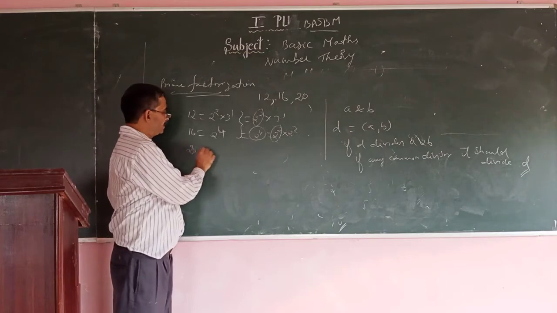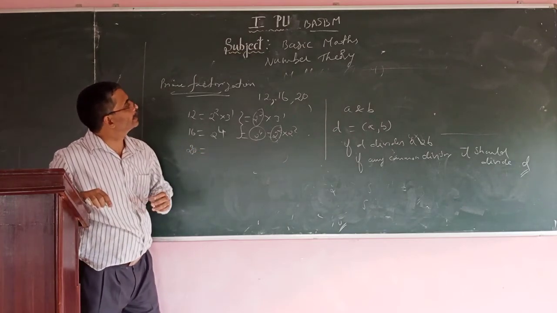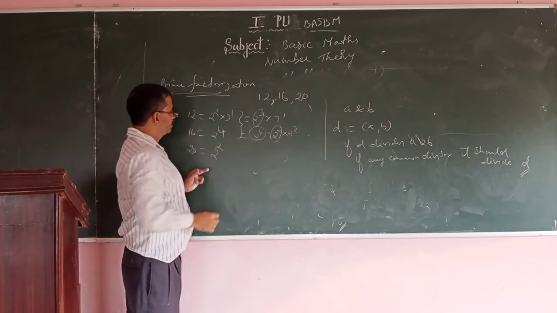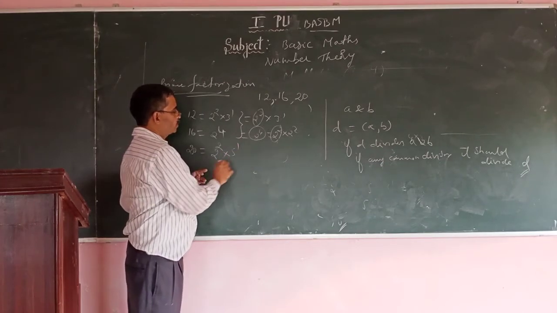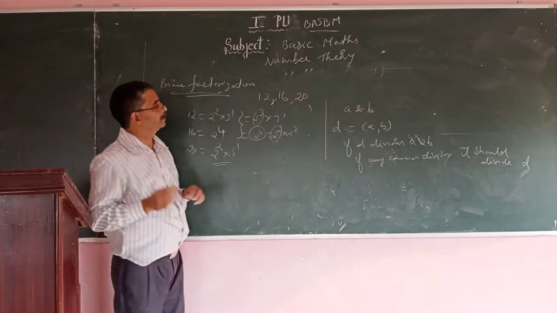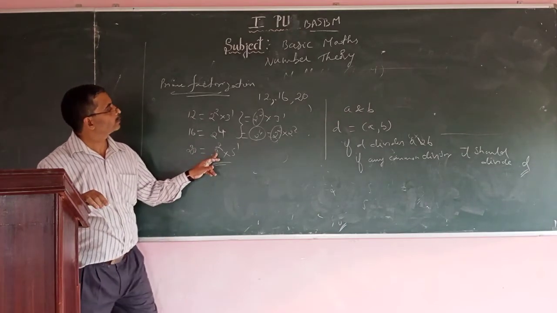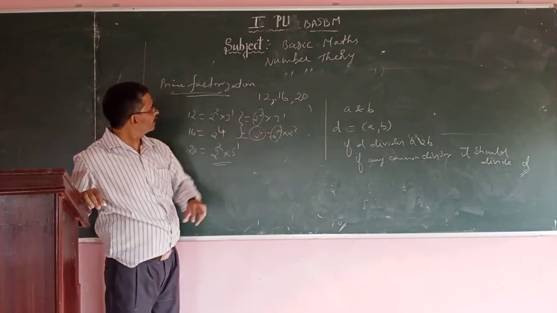20 is again what? 20 means 4 into 5, 2 square into 5 to the power 1. Now again, what is common here? 2 square only. 2 square should be there in all. Common means it should be there.